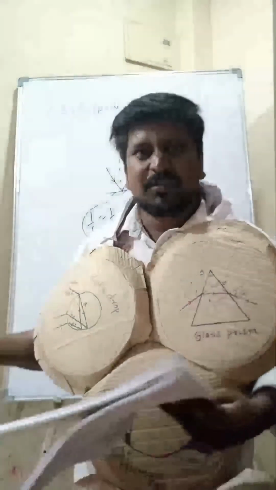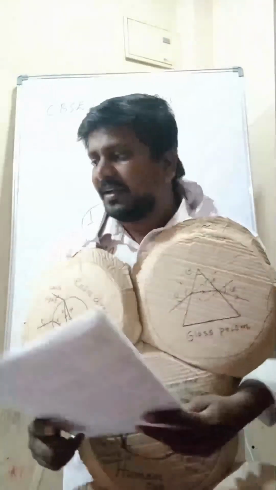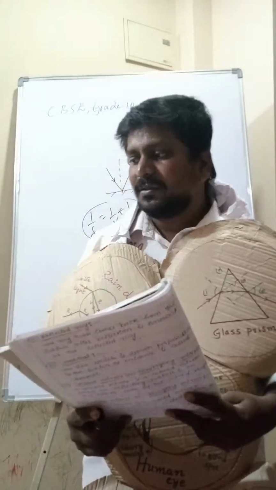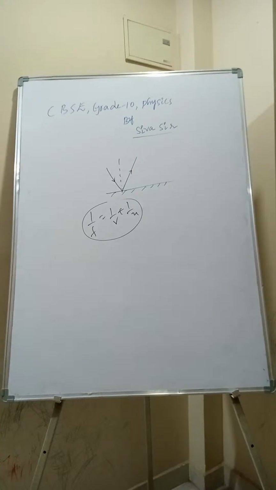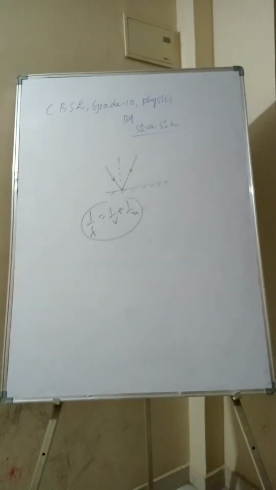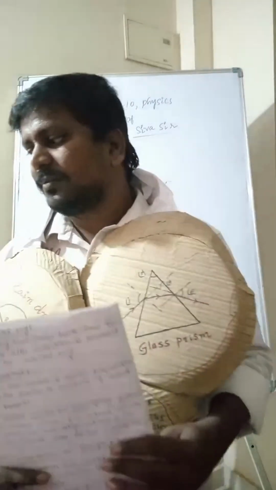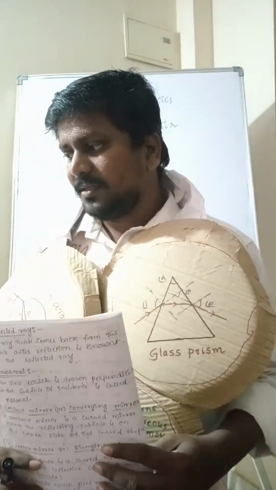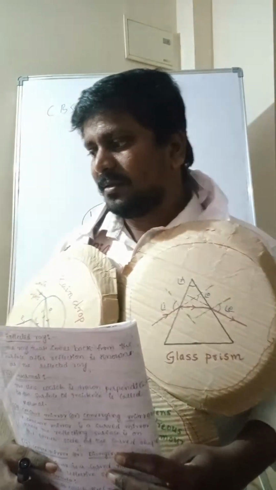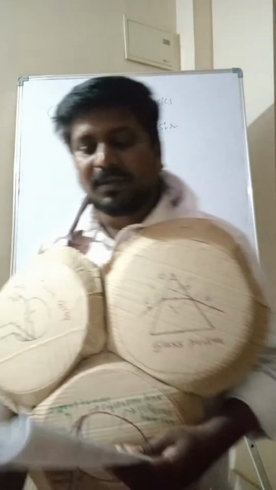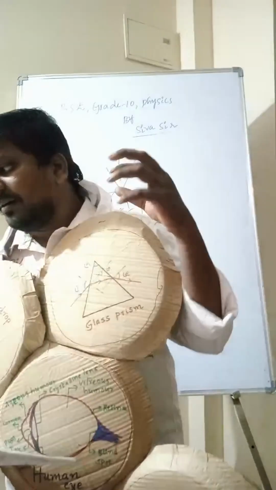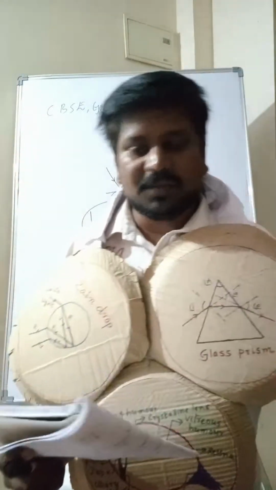The board will be using very little time. Fine, no problem. So magnification means the ratio of height of the image to height of the object.